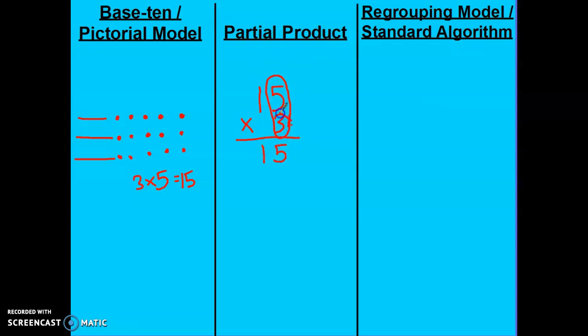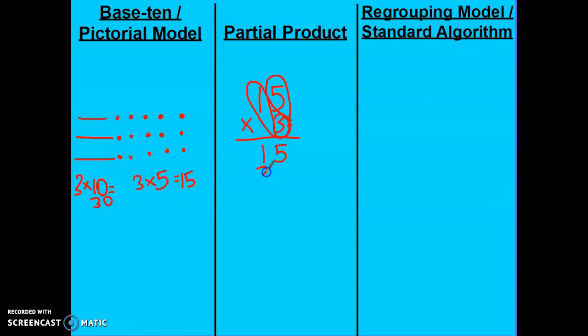Then nosy neighbor also goes to the tens place to visit 1. Let me look at my tens place. I have 1, 2, 3 groups, but I don't have 3 groups of 1. I actually have 3 groups of 10s. So 3 times 10 equals 30.